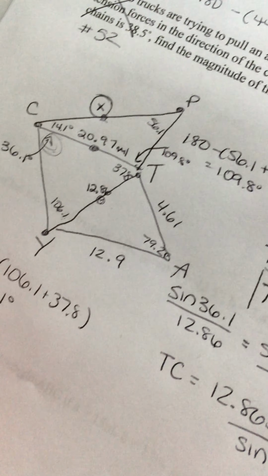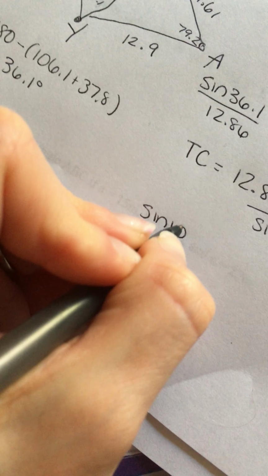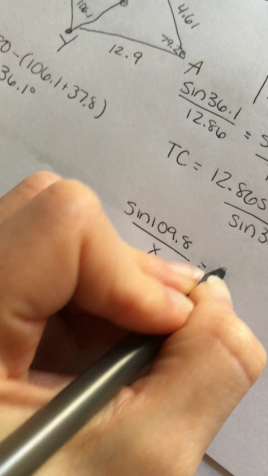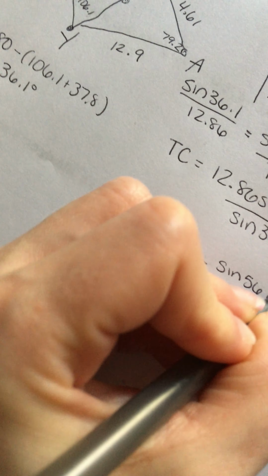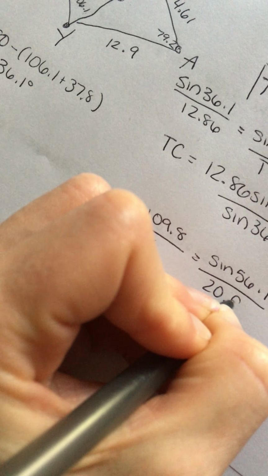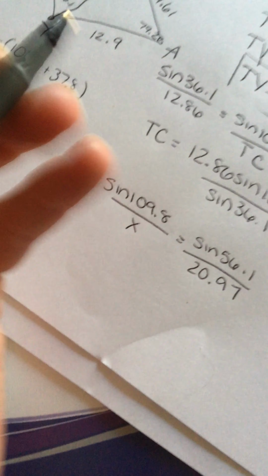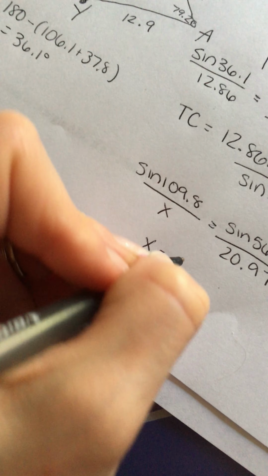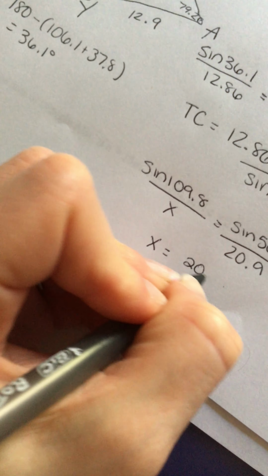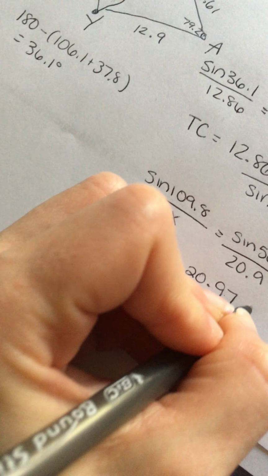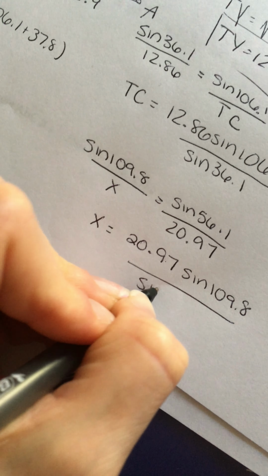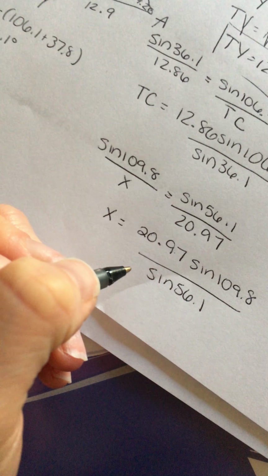All right, so we'll just do it again. Sine of 109.8 over x is equal to the sine of 56.1 over 20.97. We cross multiply. I'm going to do this in one step because we've seen law of sines already. So this is going to look like 20.97 sine of 109.8 over the sine of 56.1.